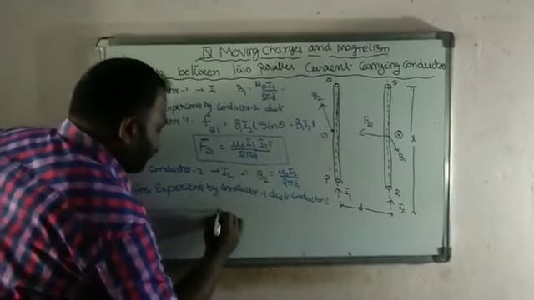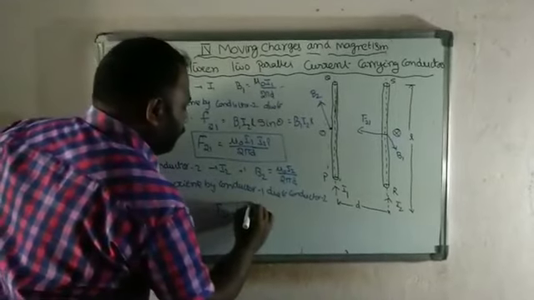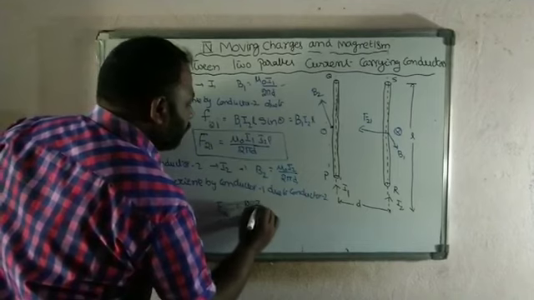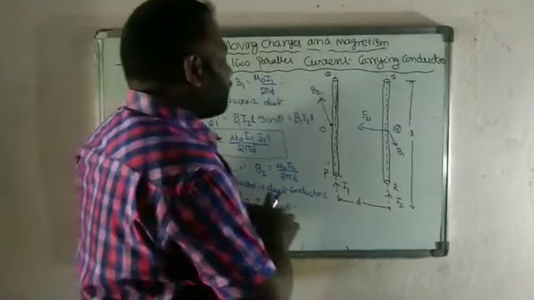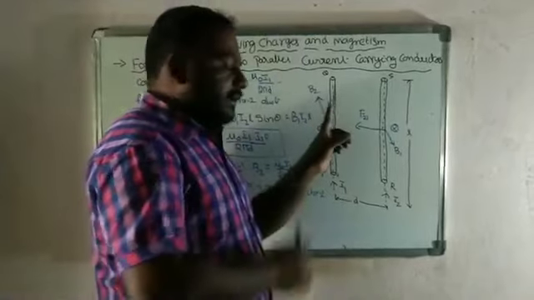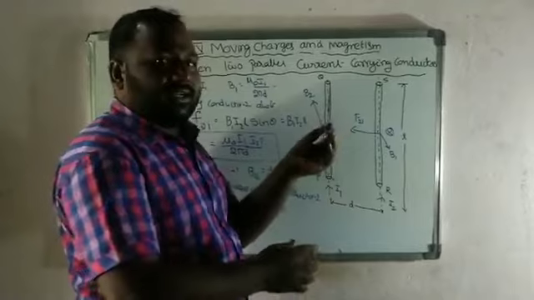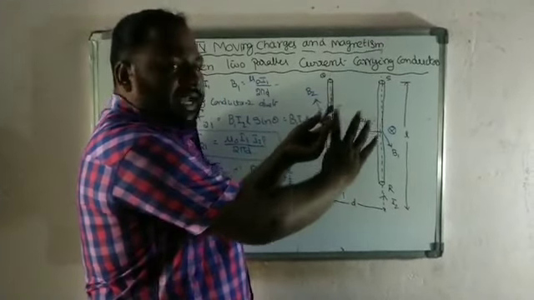Now that is F12. F12 is equal to, what is the formula? B2 I1 L sin theta. Again here the field is in the outward direction and the current is in the upward direction. Then both have an angle of 90 degrees.